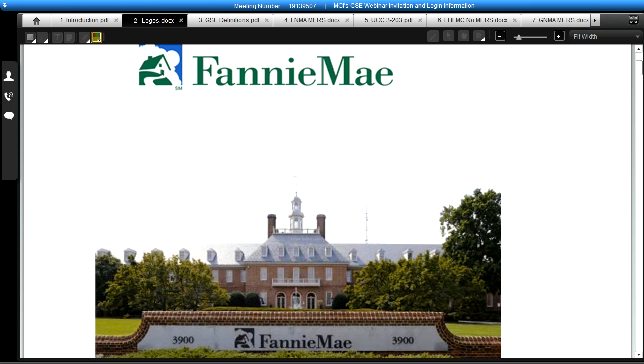The first entity is the Federal National Mortgage Association, going by the initials FNMA, and it's better known as Fannie Mae. Fannie Mae is federally chartered. However, it is a privately owned corporation, and it exists under the Federal National Mortgage Association Charter Act.